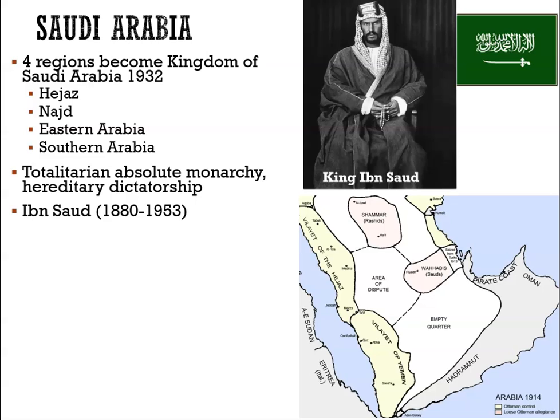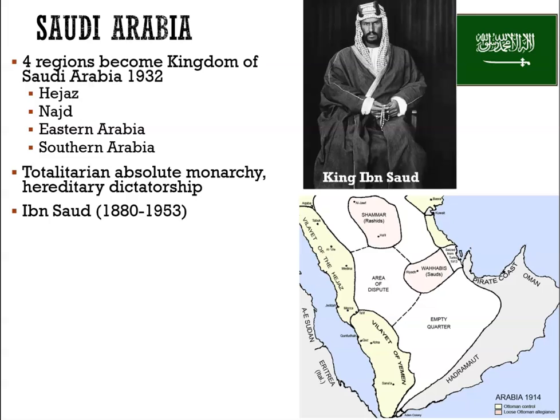Basically, Saudi Arabia gets its name from Ibn Saud, King Ibn Saud. He will rule Saudi Arabia as a complete monarch, a total monarch, and creates a hereditary monarchy or dictatorship in Saudi Arabia that's still there today. It's still his sons and grandsons who are ruling Saudi Arabia today.